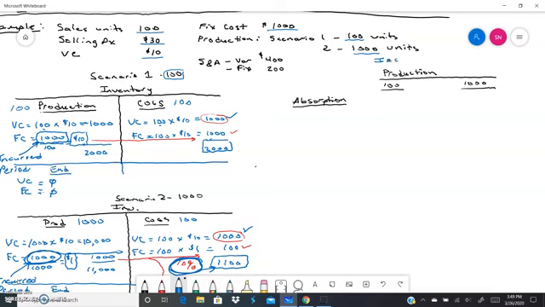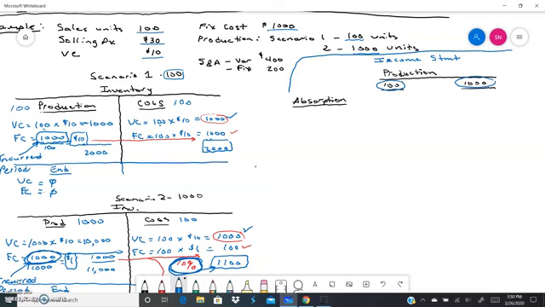And what I've done is basically going to do it for both production scenarios, for the production of 100 units and the production of 1,000 units.